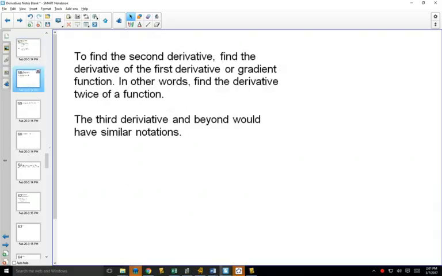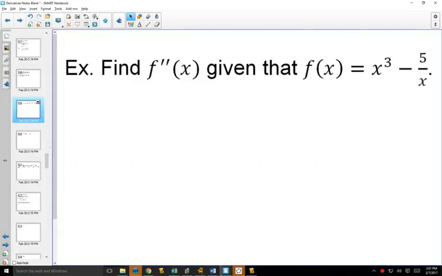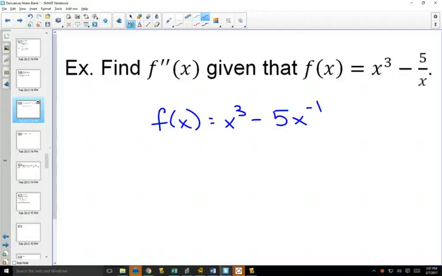So here's an example. Here we're just saying that we keep on going with our derivative. So here's our first example. If you have f of x equals x cubed minus 5 over x, first of all, I'm going to write this in a form where the derivative of each term is going to be easy to do.